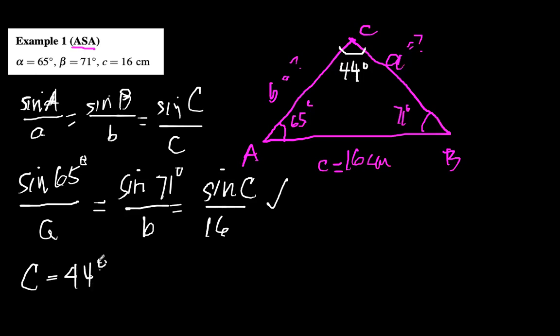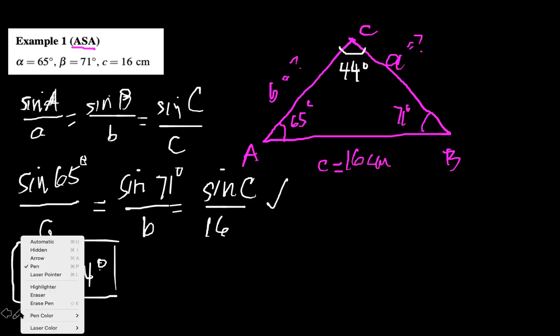See, it's easy, right? So do the easiest first, usually the angle, when it's ASA. Now we're going to solve for the side lengths.